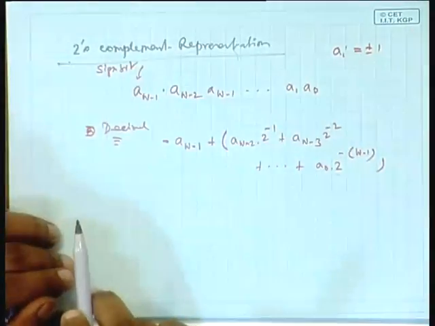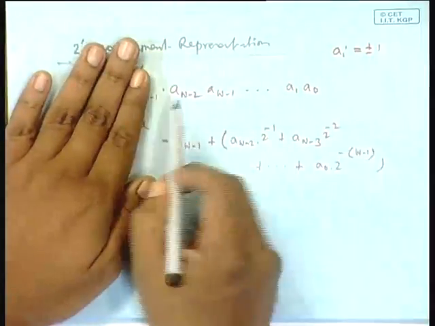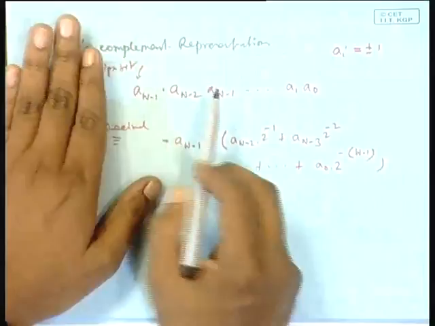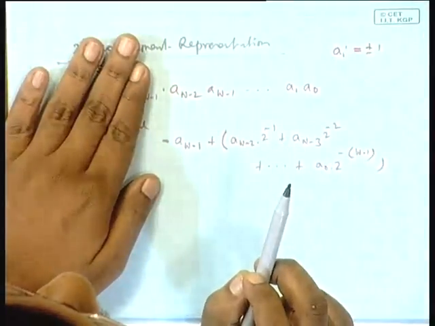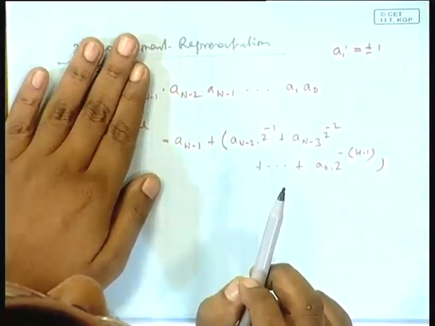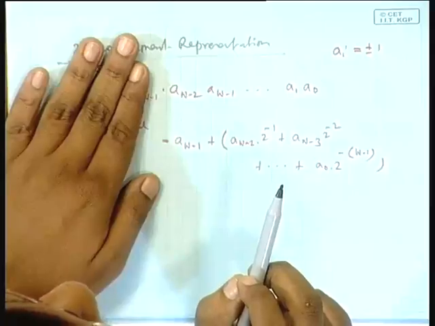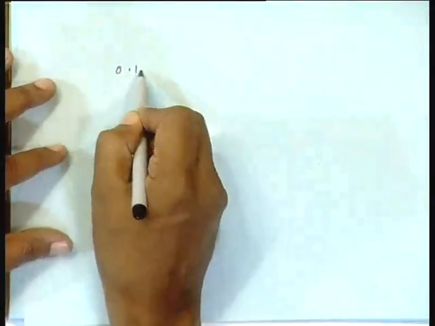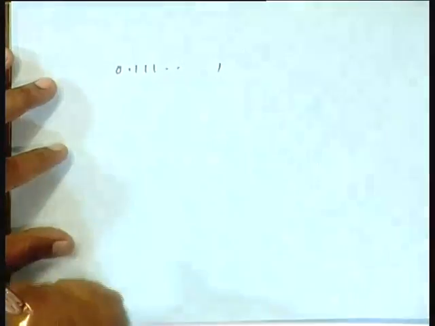What is that value? 0.1111 up to 1. How many bits here? W minus 1 bits. What is the result? What GP? Come on, you should be able to use your intelligence. 0.111. If I just add a 1 here, what do I get?